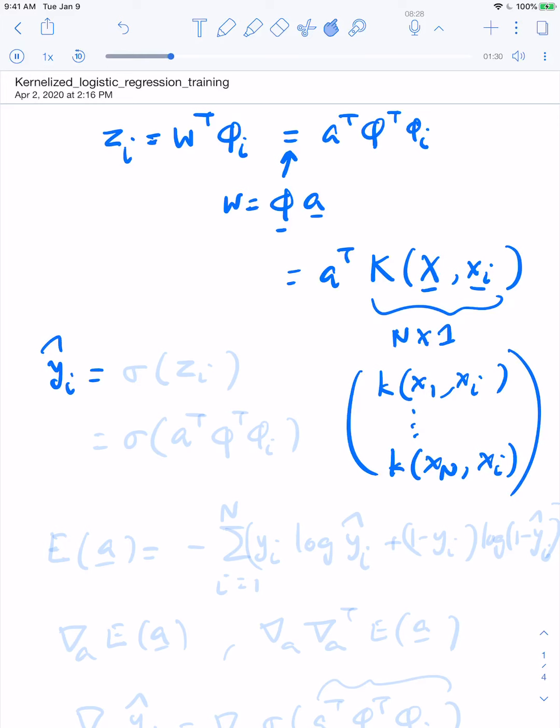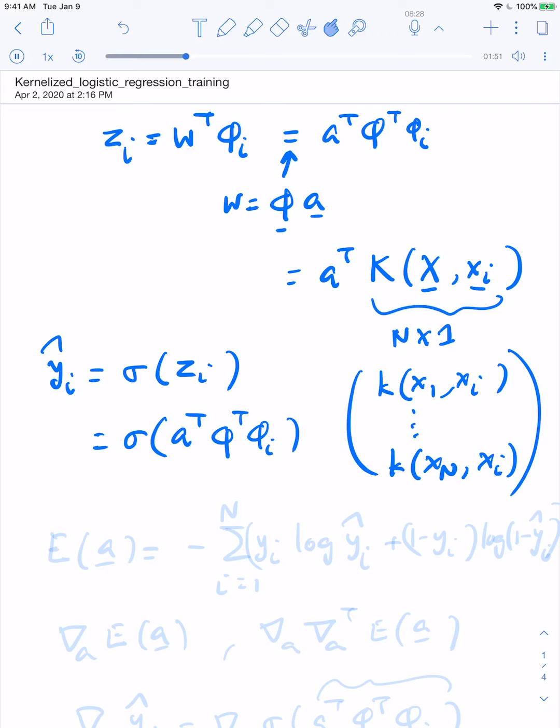The probability of the ith label being 1, yi hat, is still sigma of zi. I'm going to write it out explicitly: sigma of A transpose phi transpose phi.